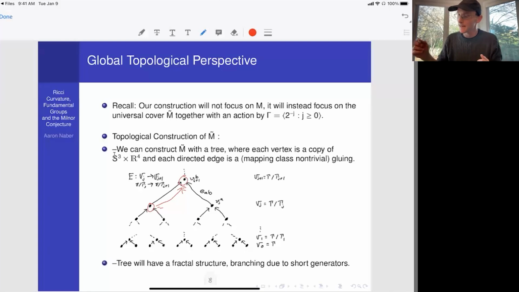The second thing worth pointing out is that the gluing maps, the map that took our copy over here to our copy over here, this twisting that was geometrically occurring, the effect of that is that these gluing maps are not the identity. We're not mapping S3 cross S3 into S3 cross S3 trivially. In fact, we're not even mapping them in a way that's mapping class trivial.